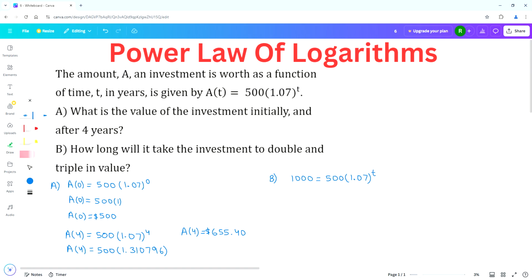The variable t is on the right side of this equation and it's the exponent on 1.07. So the first step is to get rid of 500. We should divide both sides by 500. 1,000 over 500 is equal to 2.